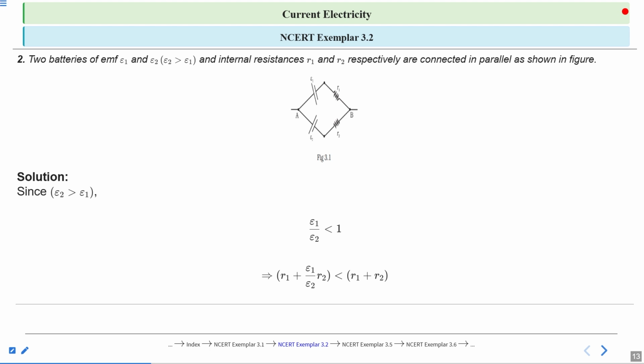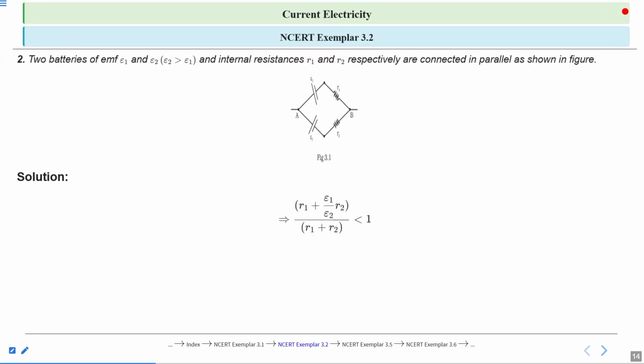Okay, this you all understood? This left hand side, R1 plus epsilon 1 upon epsilon 2 R2, will be less than R1 plus R2, because epsilon 1 upon epsilon 2 is less than 1. So the ratio of R1 plus epsilon 1 upon epsilon 2 R2 upon R1 plus R2 will be less than 1, because the numerator is less than the denominator.